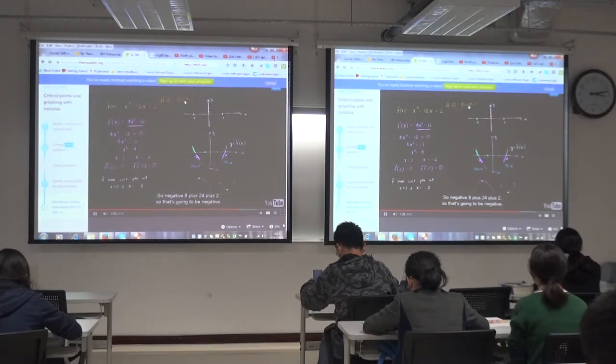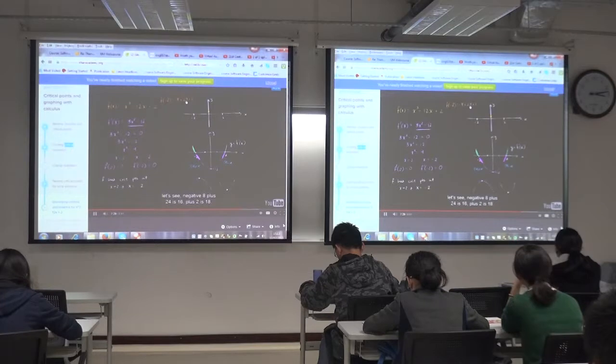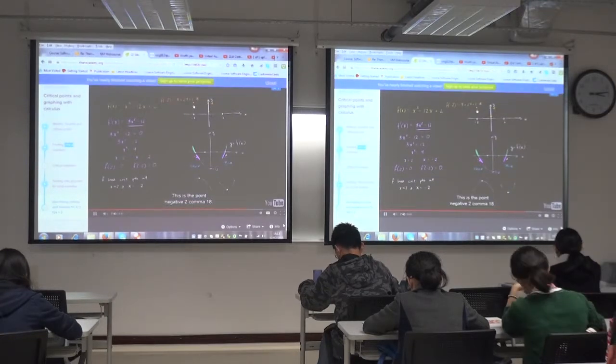So negative 8 plus 24 is 16, plus 2 is 18. So f of negative 2 is equal to 18. I'm not drawing it completely to scale, but let's say that this is 18 right over here.